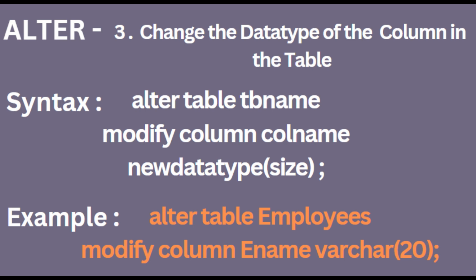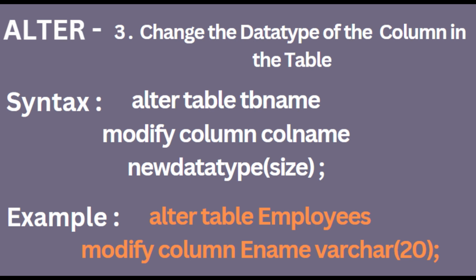For example, in the employees table, we have employee name with char data type, right? If I want to change char data type to varchar, we use alter command along with the modify keyword. This is the example: alter table employees, modify column, employee name, varchar of 20. Here instead of char, I changed the data type to varchar. This is how we can change data types of the column by using alter.